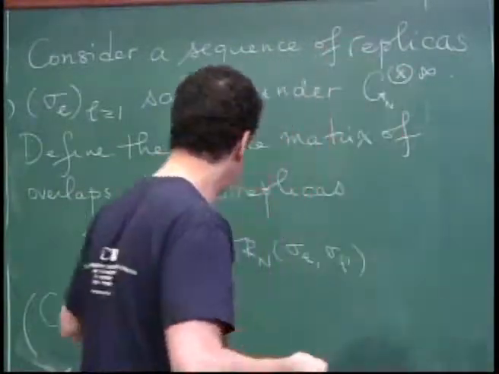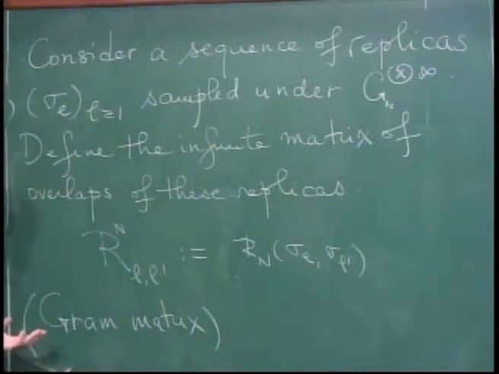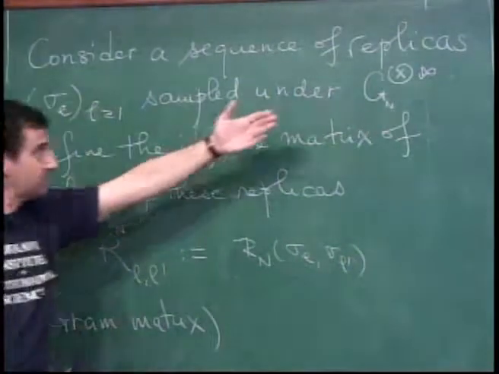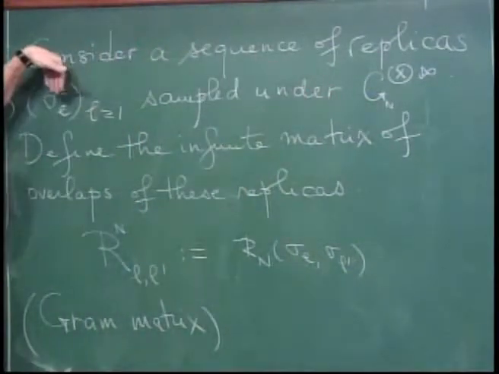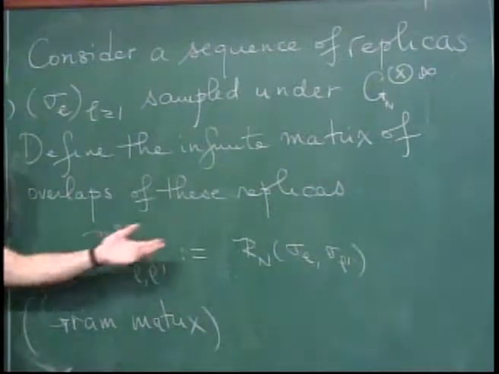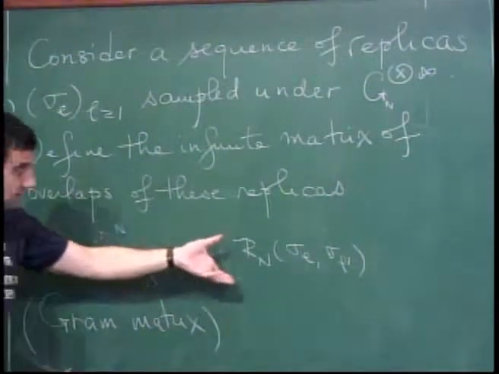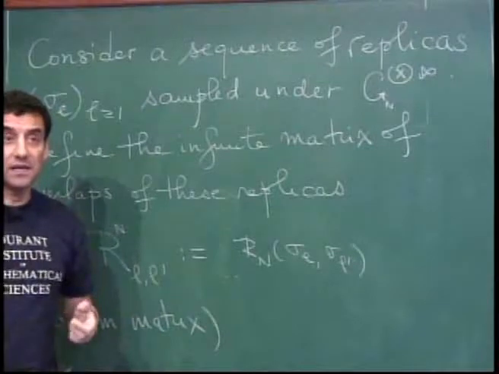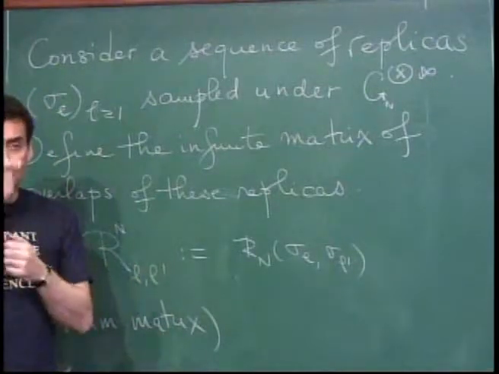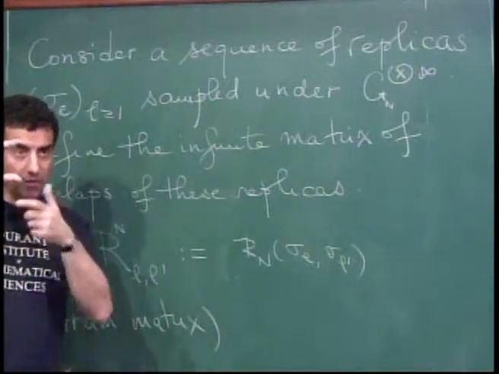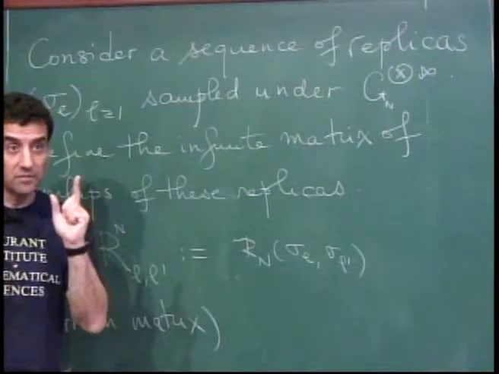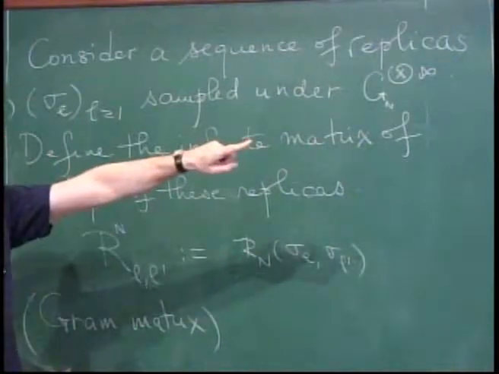So we're just taking this Gram matrix, which is random, because it's in fact doubly random. There is the randomness of the Gibbs measure, and then under the Gibbs measure, you sample these guys, and you have this thing. So this infinite matrix, in fact, encodes all the distances between all the possible pairs, not only one. That's very different from what we're obtaining over there.